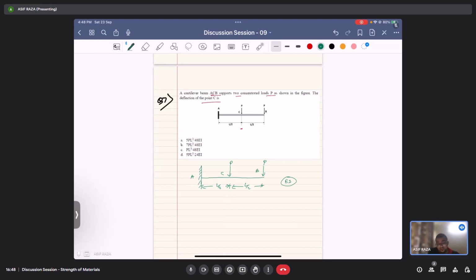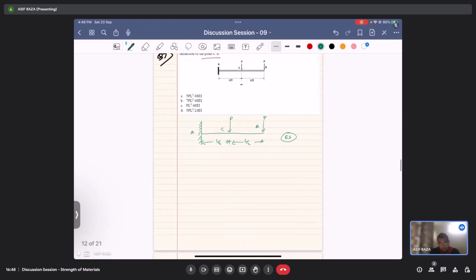First thing first, draw the bending moment diagram.